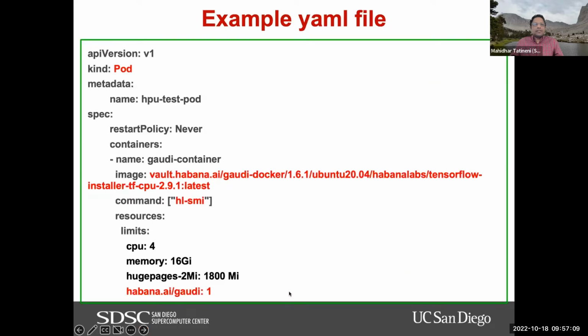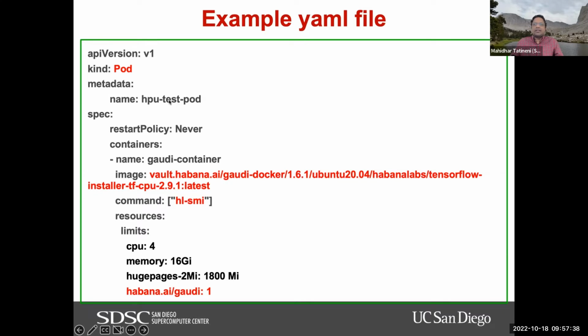So let's start with a very simple example YAML file for the Gaudis on Voyager. We are basically saying the kind is a pod, so it's a single object, and then we give it a name: HPU test pod. One thing to remember is that this name needs to be unique.